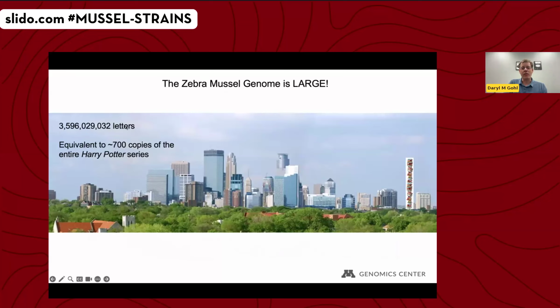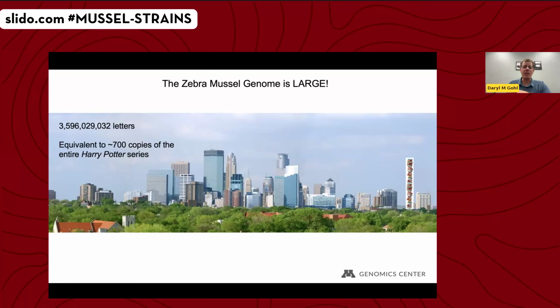And so just to give you a sense of how much information that is, if you took the entire Harry Potter series and stacked up 700 copies of the series, that would basically be about 3.6 billion characters. So about the length of the zebra mussel genome, and that would be a stack of books, roughly the height of the IDS tower in downtown Minneapolis.